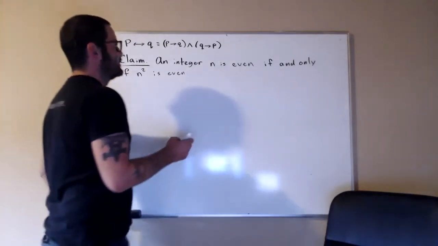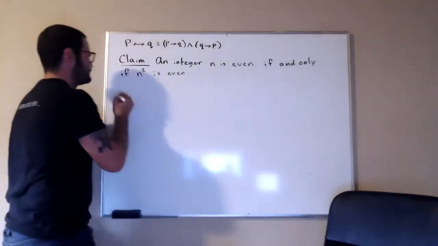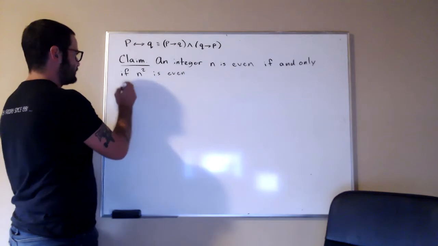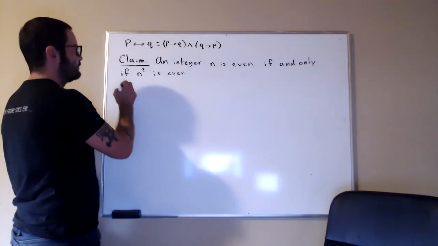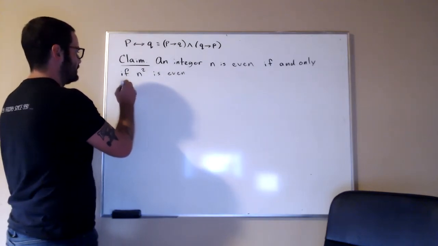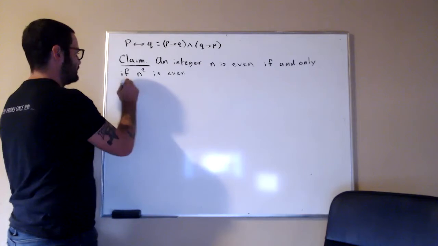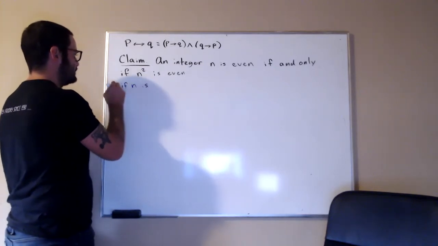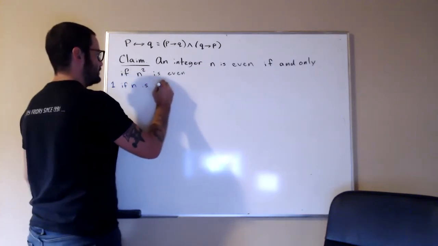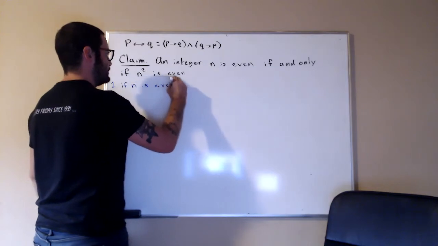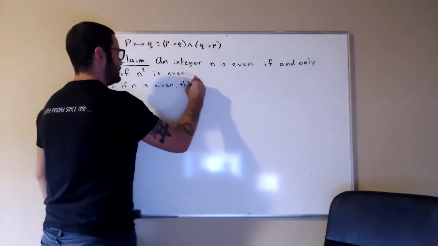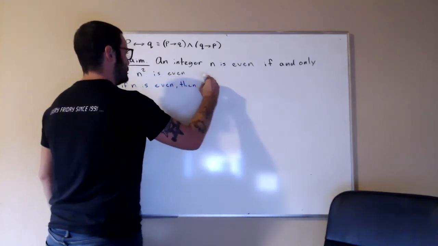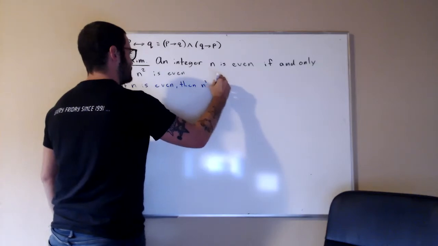The first direction would be: if n is even, then n squared is even.